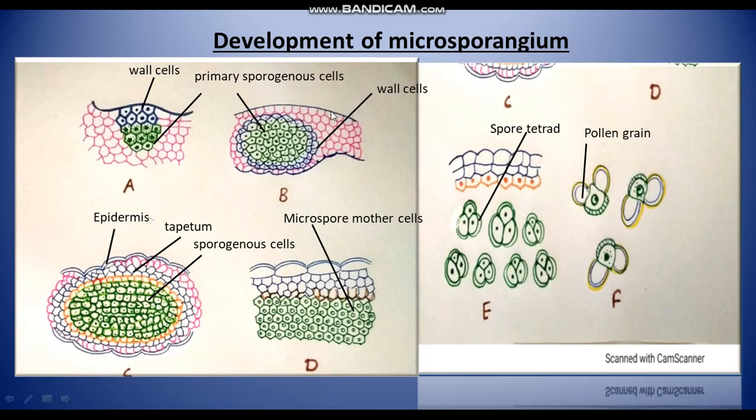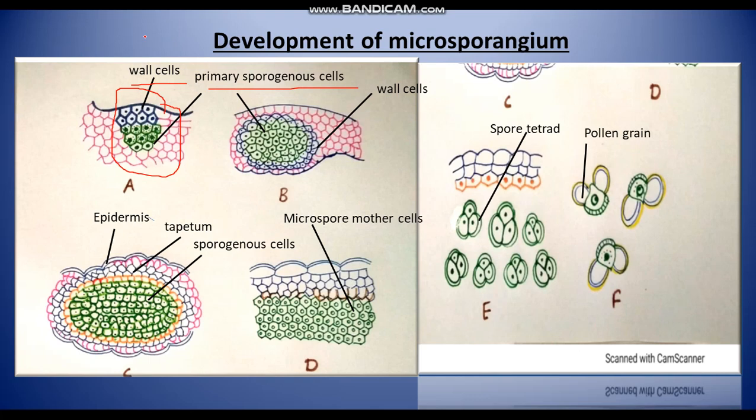Now come to the development of microsporangium. The microsporangium develops from the cells of the microsporophyll, and the development of microsporangium is of eusporangiate type, and the group of cells divide into two types: wall cells and primary sporogenous cells.